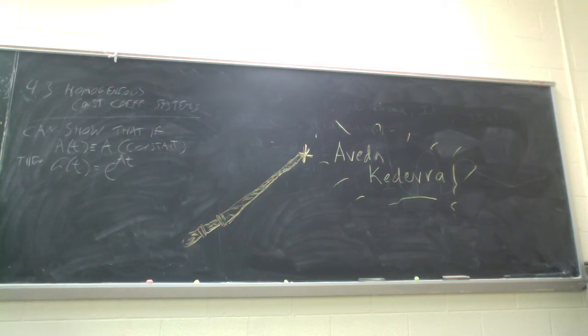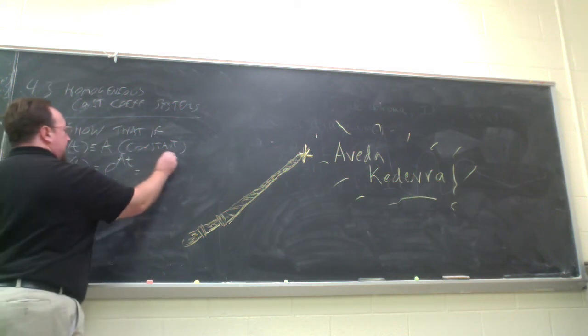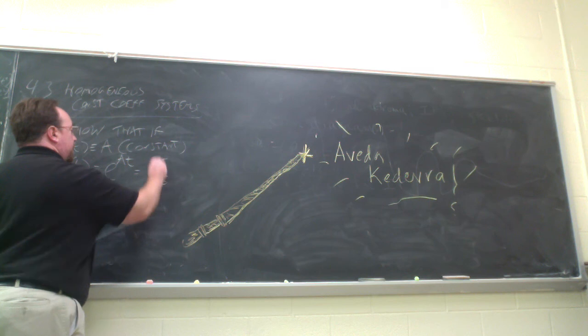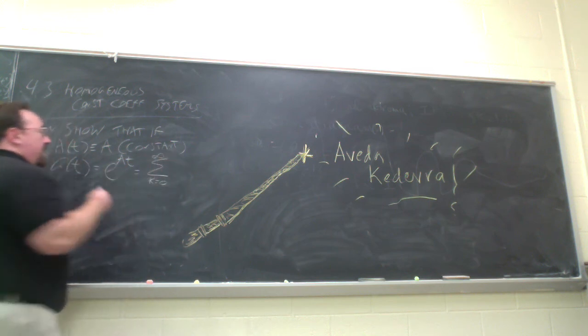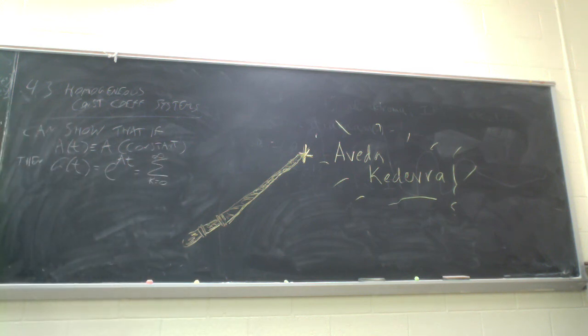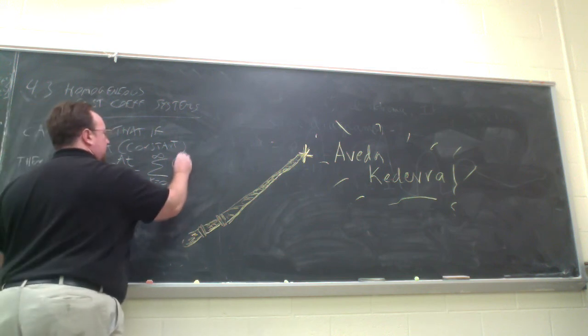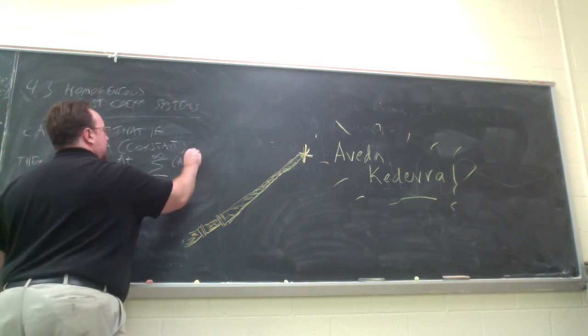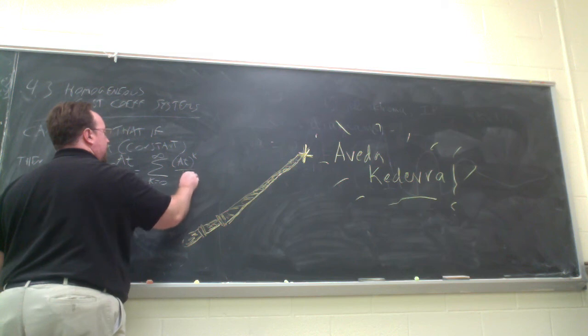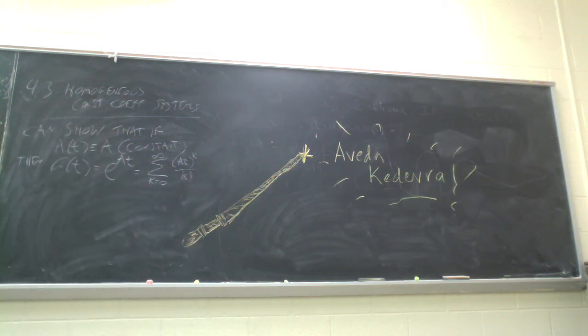Now I need to give a definition for that, but that's easy enough to define in terms of the Taylor series or Maclaurin series for the exponential. So just in terms of taking powers of a matrix instead of a number.